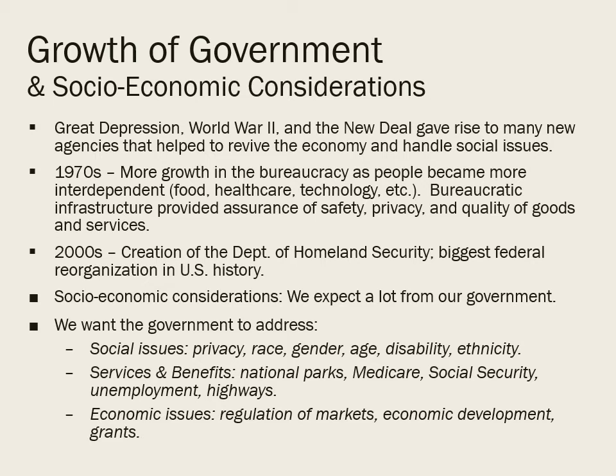So the Great Depression, the World Wars, New Deal, all of these gave rise to many agencies that helped to revive the economy and also to handle new social issues. After the Great Depression, Roosevelt's New Deal relied heavily on the Commerce Clause to revive the economy.